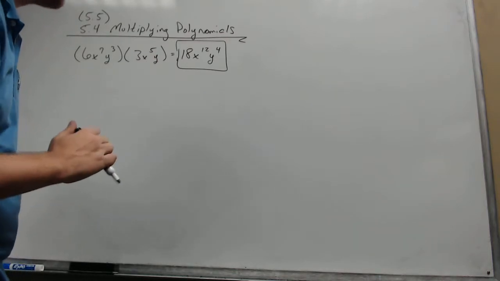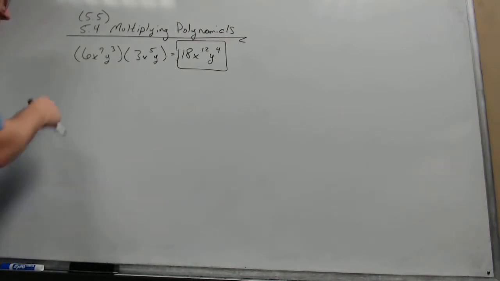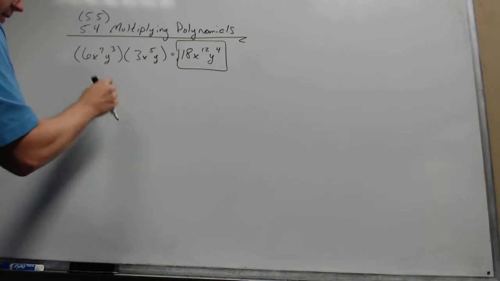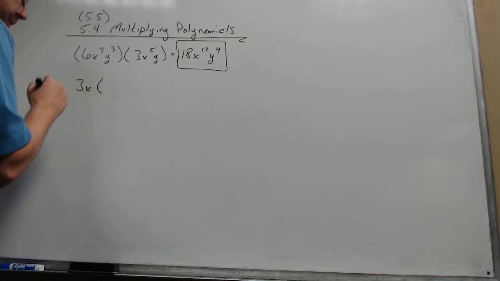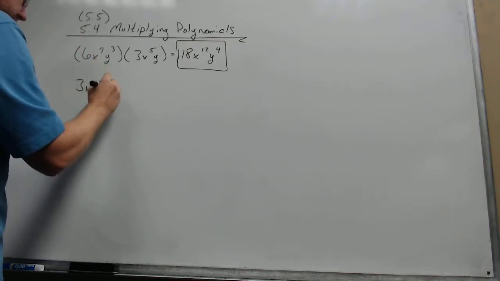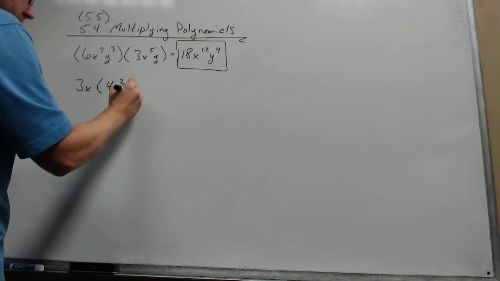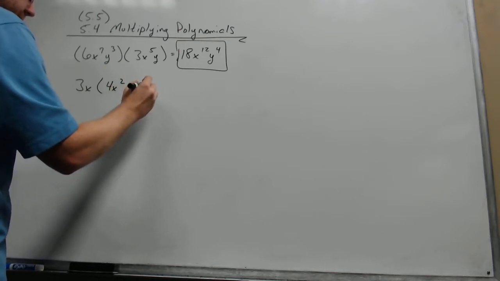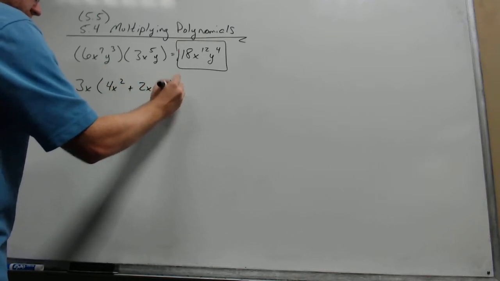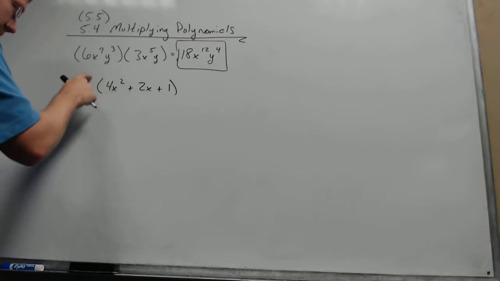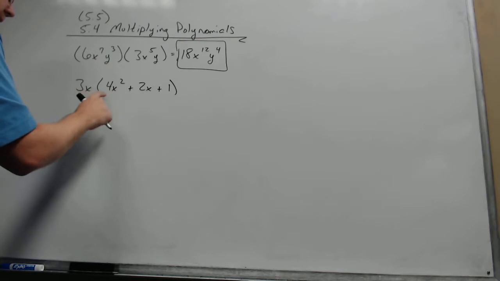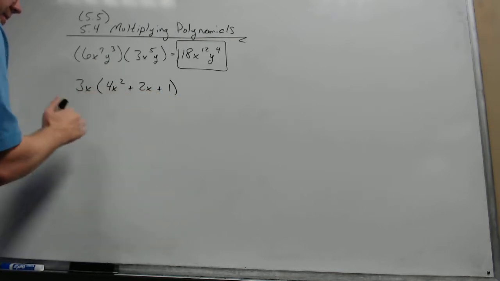Honestly, not much. Let's look at a situation that's similar. Here we have a single term, a monomial, and we're multiplying it by a polynomial, 3 terms.